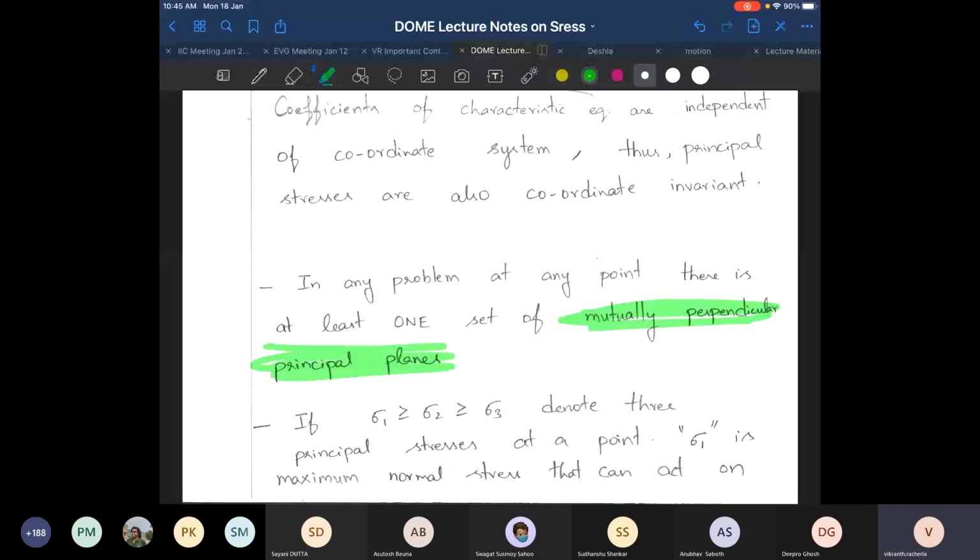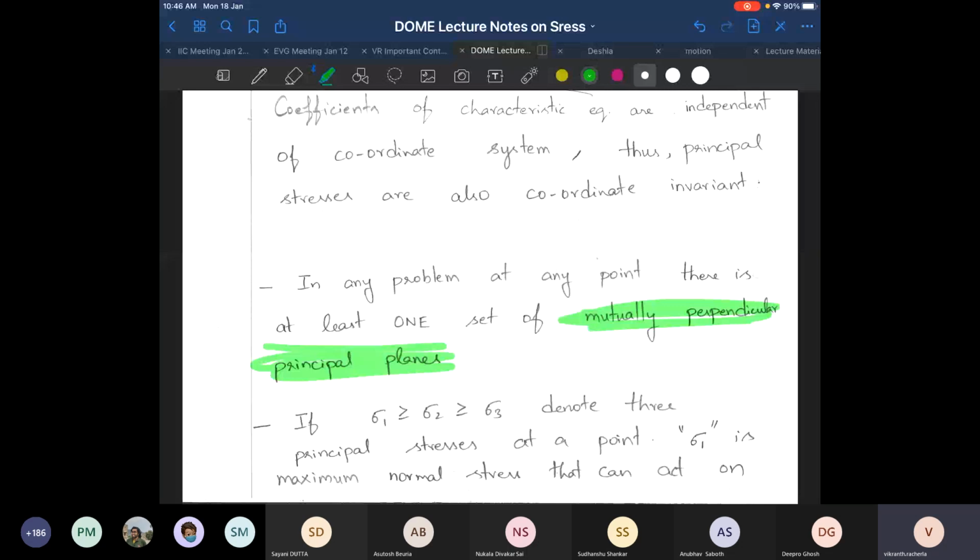On what planes will the traction be normal to the plane? Any plane that you take will be a principal plane for a pure hydrostatic state of stress. So you can have infinite principal planes. For hydrostatic stress the principal stresses are identical, but they are unique, while principal planes need not be unique.